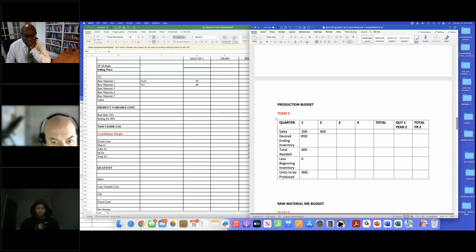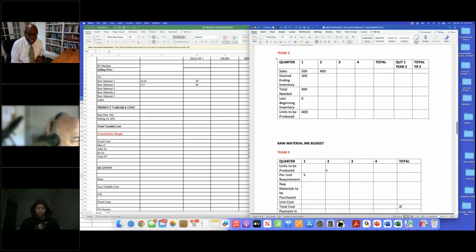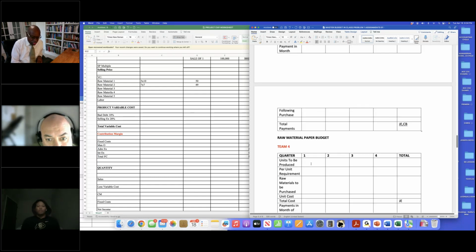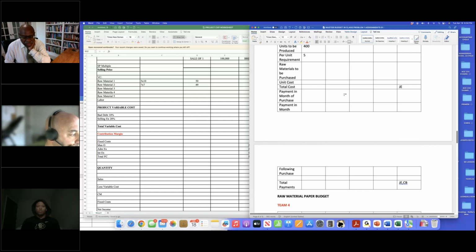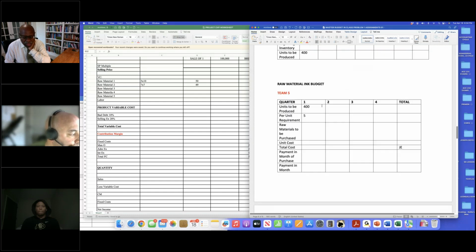Now watch this. For raw materials, ink, the 400 comes down. For raw materials, paper, the 400 comes down. And for labor, 400 comes down. So whatever is on that production budget comes down to all the raw materials budgets and labor.